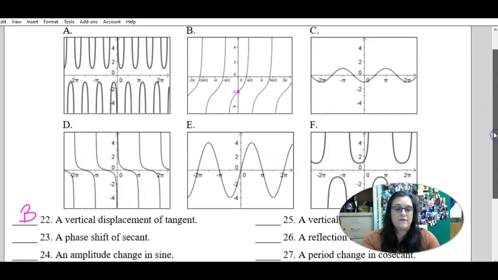Okay, next we want to find the graph with a phase shift of the secant function. And secant is alternating U shapes.